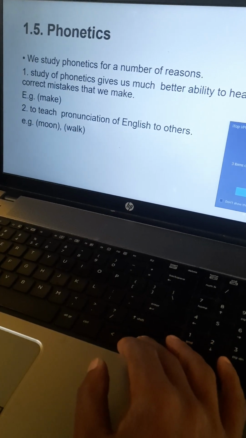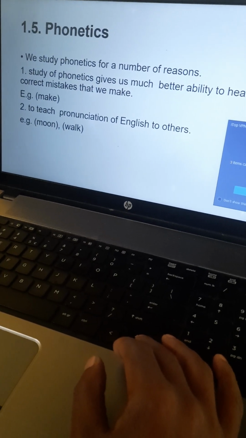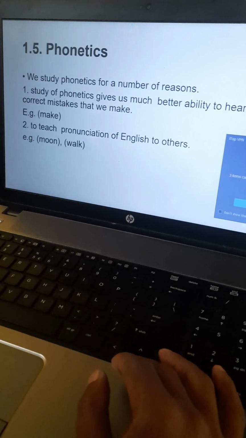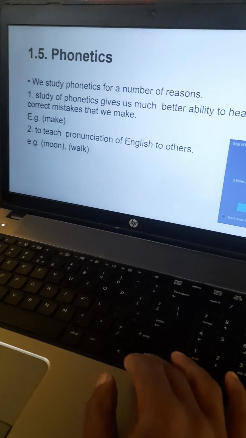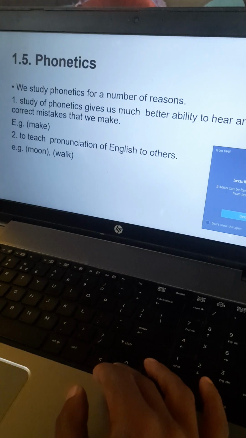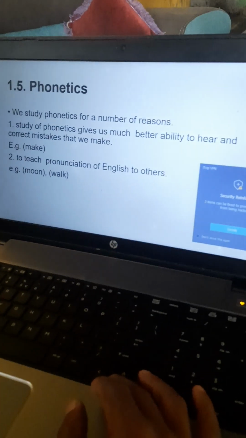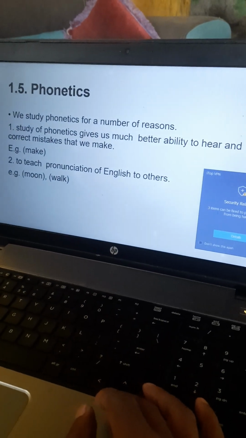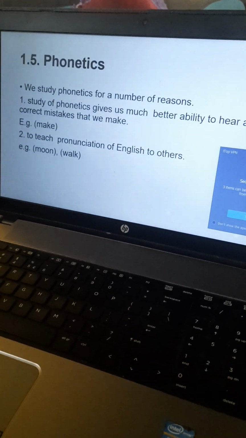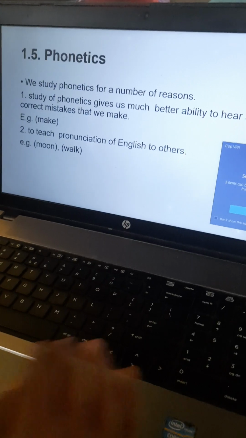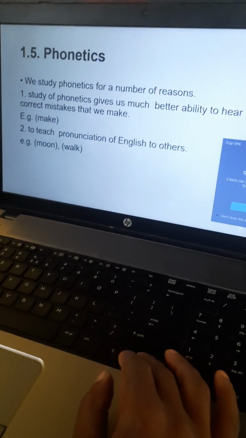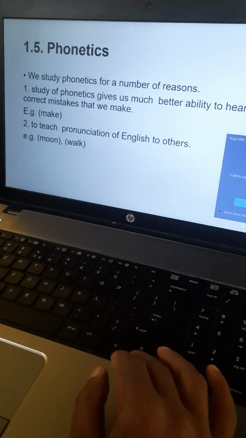As I told you, for example, the letter M has different sounds: "ma" sound, "mu" sound, "mi" sound, also "ma" long one, "me" sound, "mo" sound. So before going to the pronunciation of words, you should have a skill in understanding the sound of each individual letter.